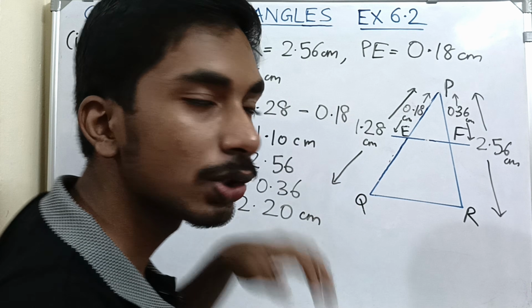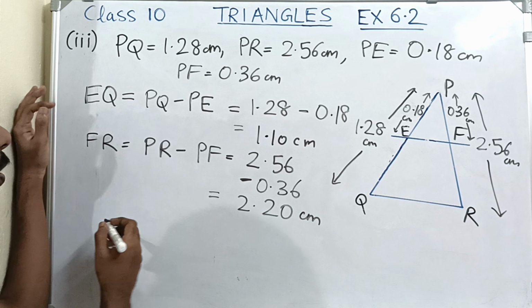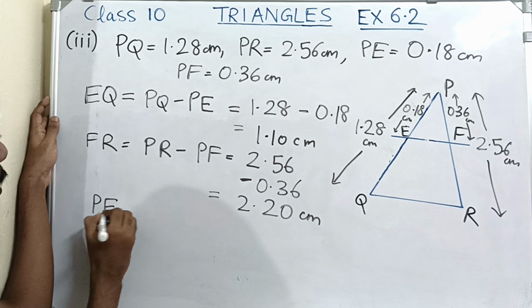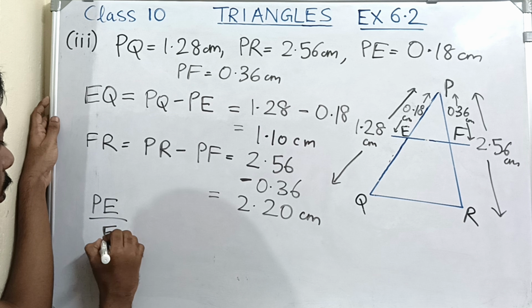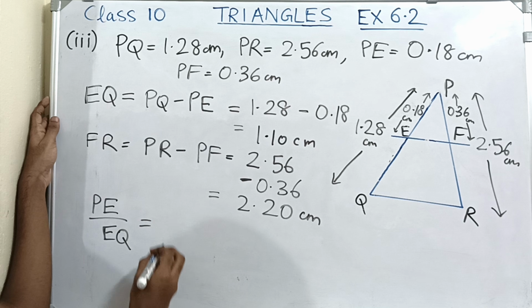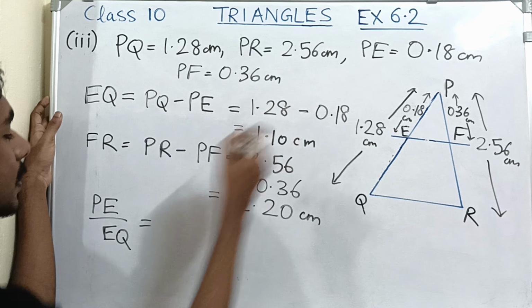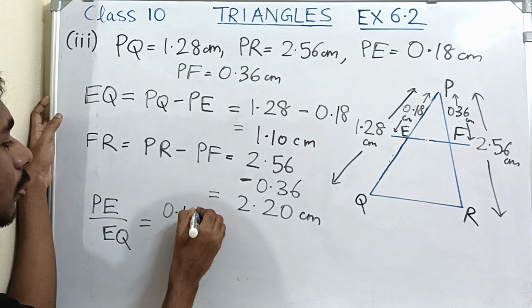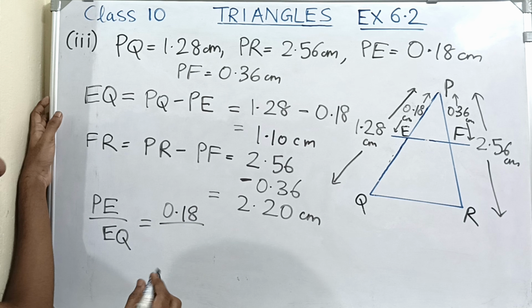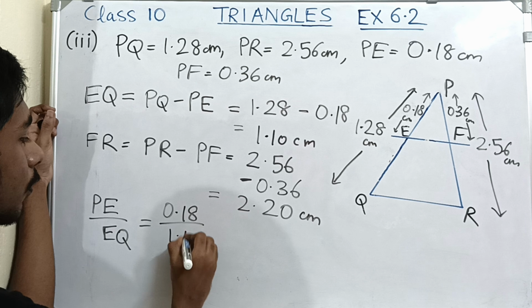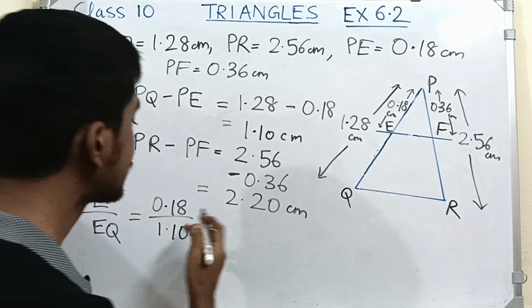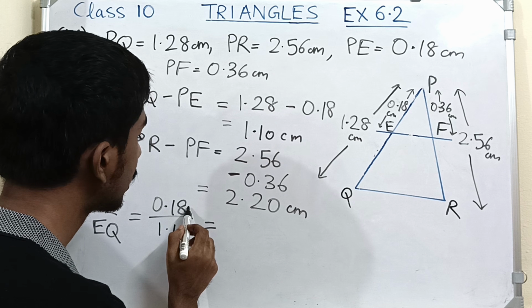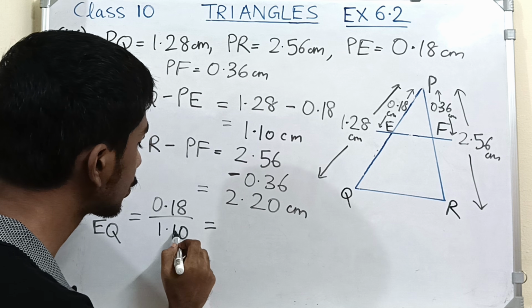Now we can write the ratios easily. PE over EQ is equal to PE, which is 0.18, divided by EQ, which we found to be 1.10. See, here the decimal is two places to the left, here also two places.